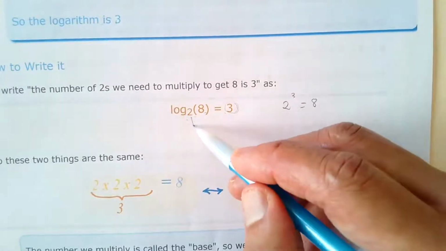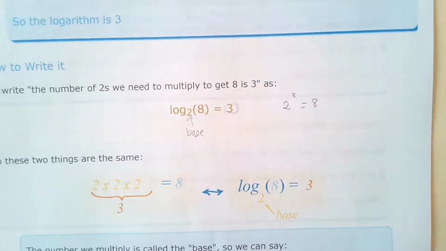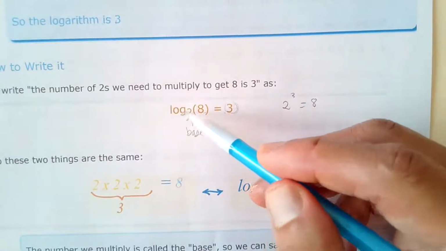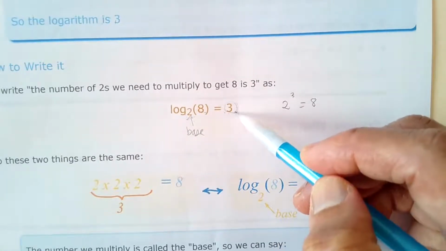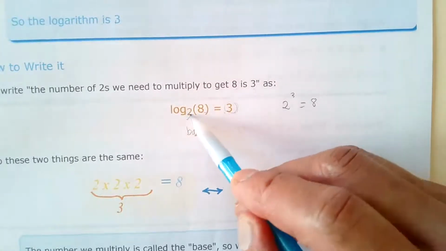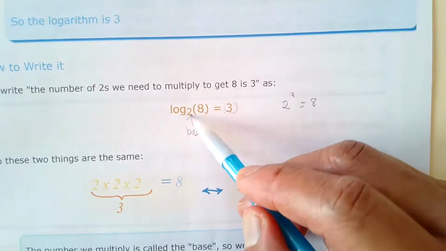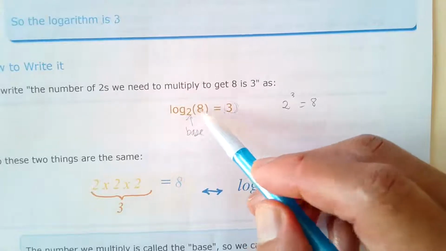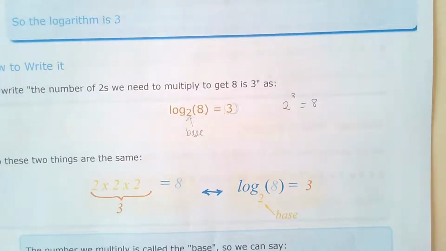This is our base. We'll learn that later if you haven't known it. So log base 2 of 8 is 3. In other words, how many times do I multiply 2 by itself to give me 8? That'll be 2 times 2 times 2.